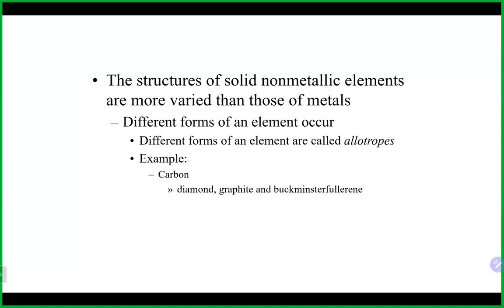atoms are different. So for example, with carbon, there are a few different arrangements of how carbon comes together. One is like in a diamond, one is like graphite, like we find in pencils, and one is a fullerene. Fullerene is a giant arrangement of carbons, pictured like a soccer ball.